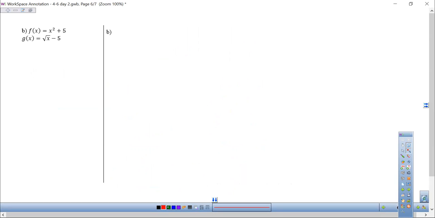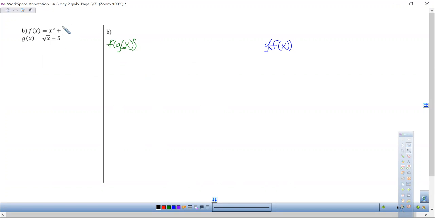So remember that we're doing f of g of x. And we have to also check g of f of x. Okay, so both of them have to be equal to x in order for the functions to be inverses.